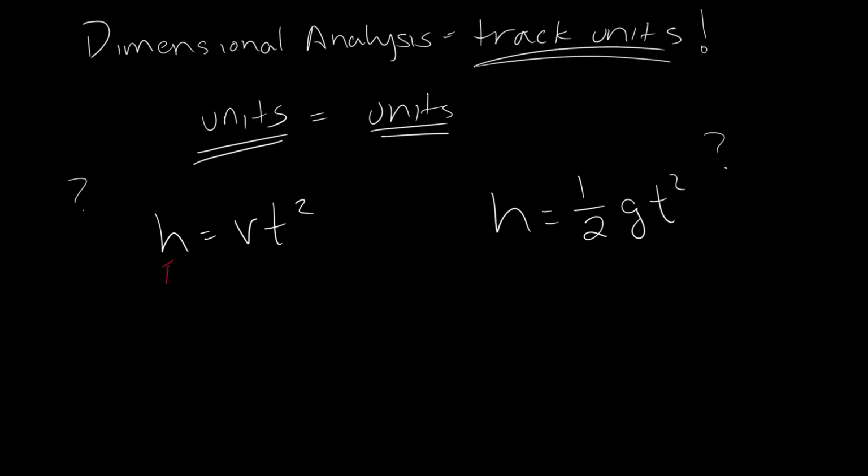Well, if we're looking for a height, that will need to be in meters. So we're trying to solve and get something that is in meters. Velocity, okay, so we're going to see, is this equal? Velocity has units of meters per second, and time is seconds squared.